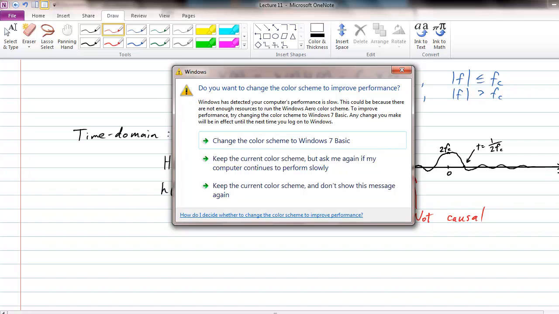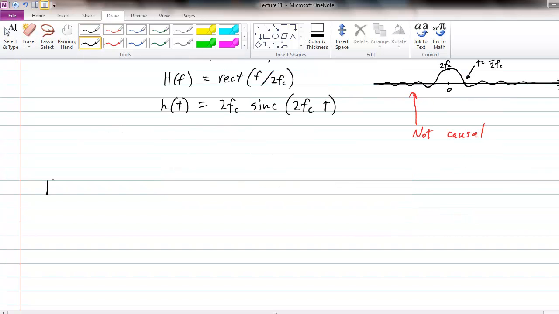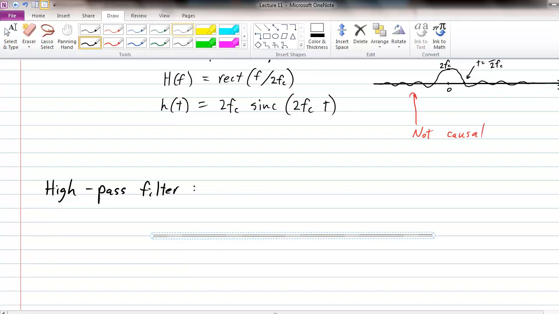Okay, so how about if we do a high-pass filter? All right.